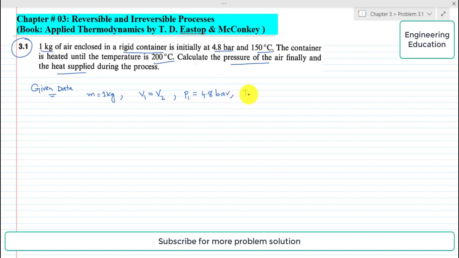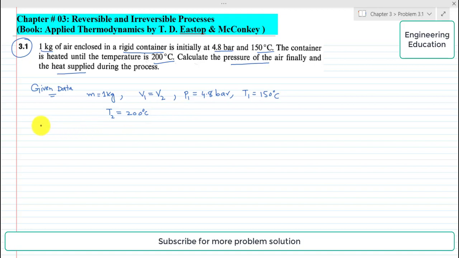Similarly, temperature T1 is 150 degrees centigrade. The container is heated until the temperature is 200 degrees centigrade, meaning that the final temperature is 200 degrees centigrade.